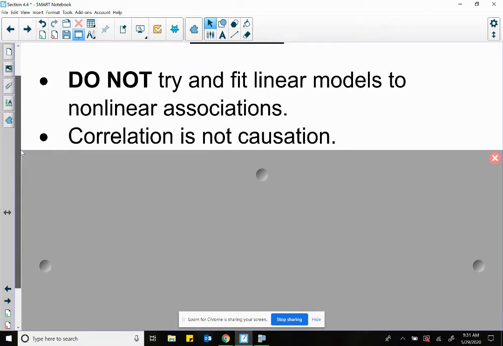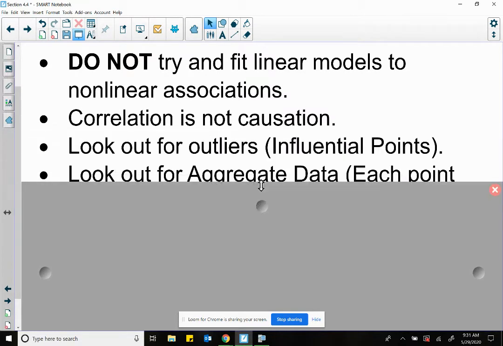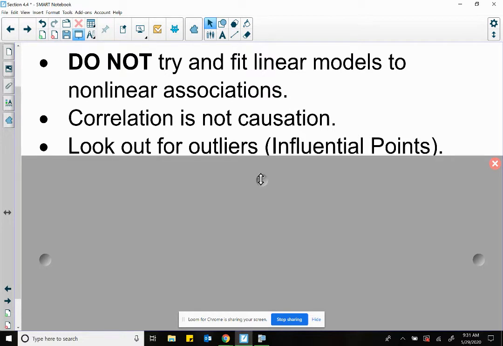Now, some other ones to definitely look out for. Look out for outliers. The outliers in scatter plots, we call those influential points. The reason they have the name influential points is because they do influence that regression line quite a bit. If you have outliers, they have a big effect.